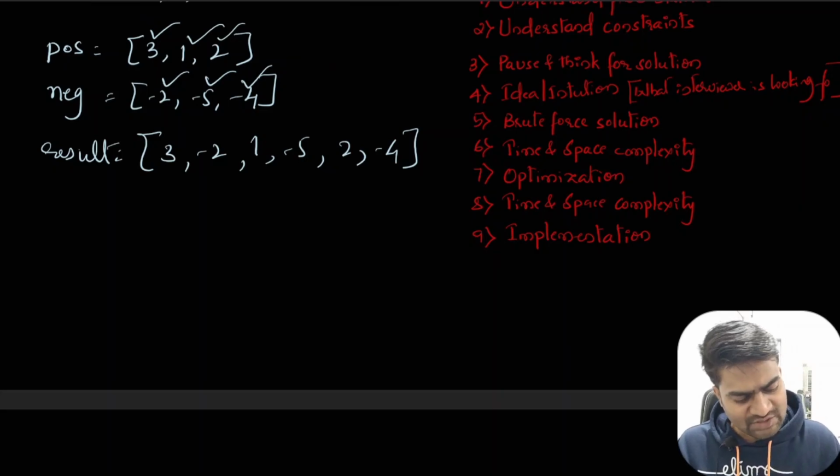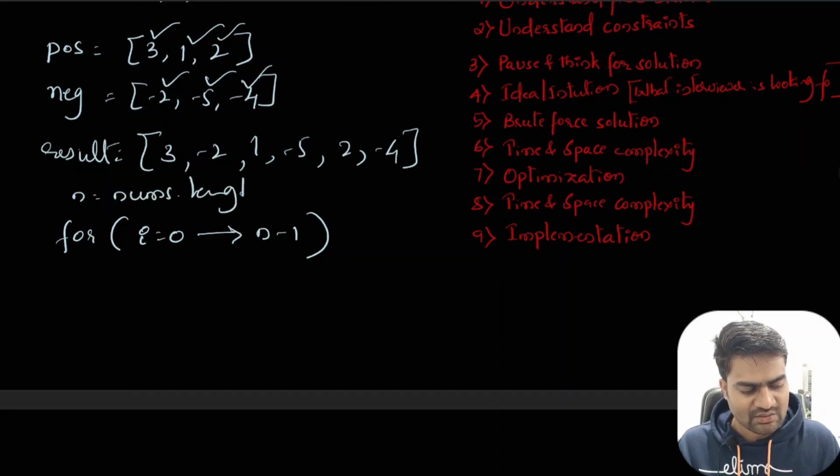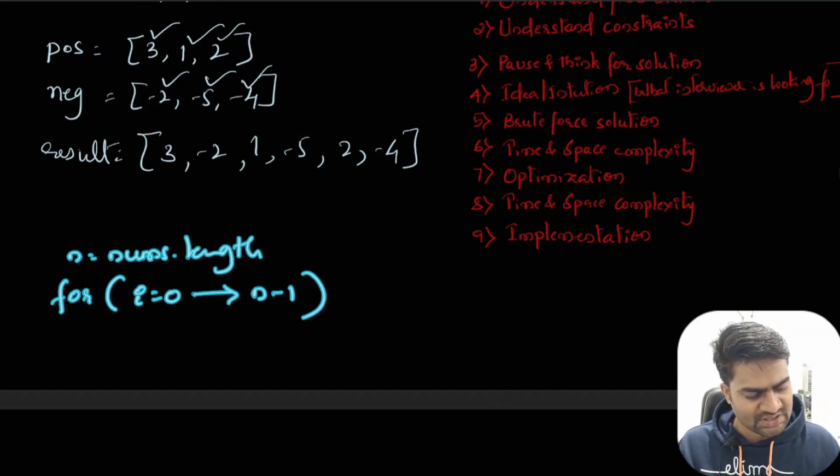So now what I will do, I will use a for loop, say for i equal to 0 to n minus 1. So n will be our nums.length. Okay, so also I need some more things.